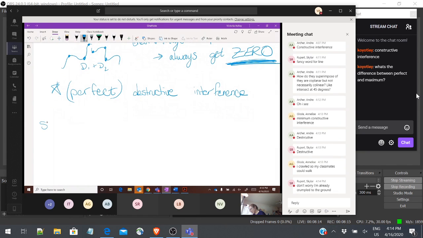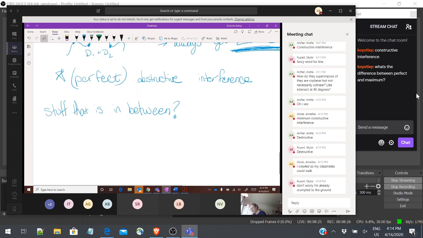What about stuff that's in between? What you end up with is like the crest doesn't quite line up with the trough, but maybe it lines up with this wave that arrives at the same moment as this wave. So this one's not quite a trough, this one's not quite a crest. They don't quite line up.